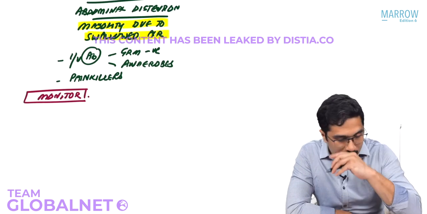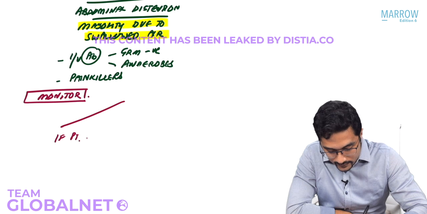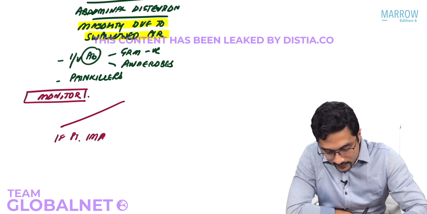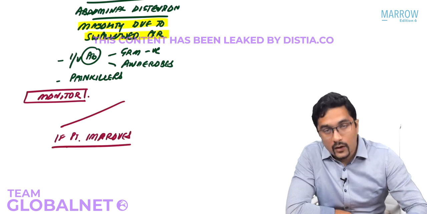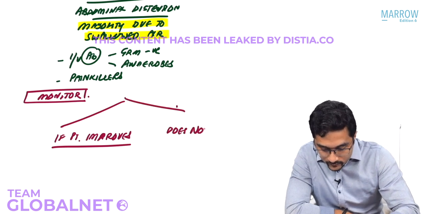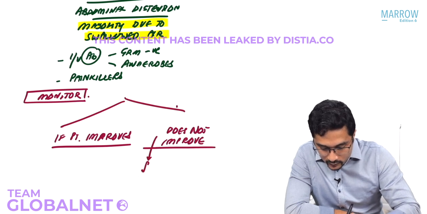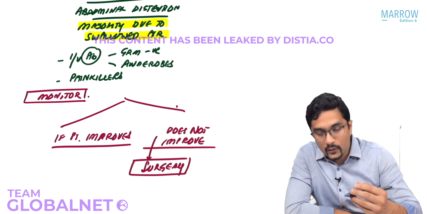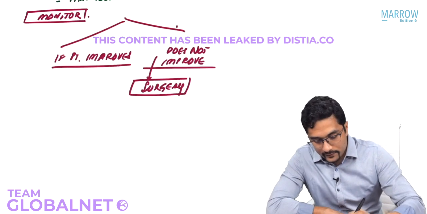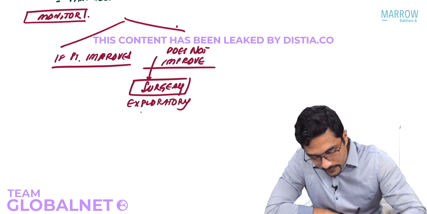Now, when we are monitoring these patients, if the patient improves, there are certain conditions which can resolve spontaneously. If the patient improves, good for us. If the patient does not improve, then we need to take up the patient for surgery, and exploratory laparotomy has to be done. So we need to carry out an exploratory laparotomy in these patients.